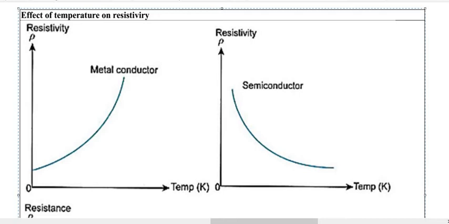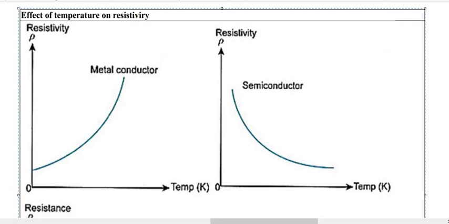Okay, before we go on, we want to go through these few graphs that show the changes in resistivity due to temperature. Previously we discussed that temperature can make the resistivity change. But the effect of temperature on resistivity is different for different types of material.